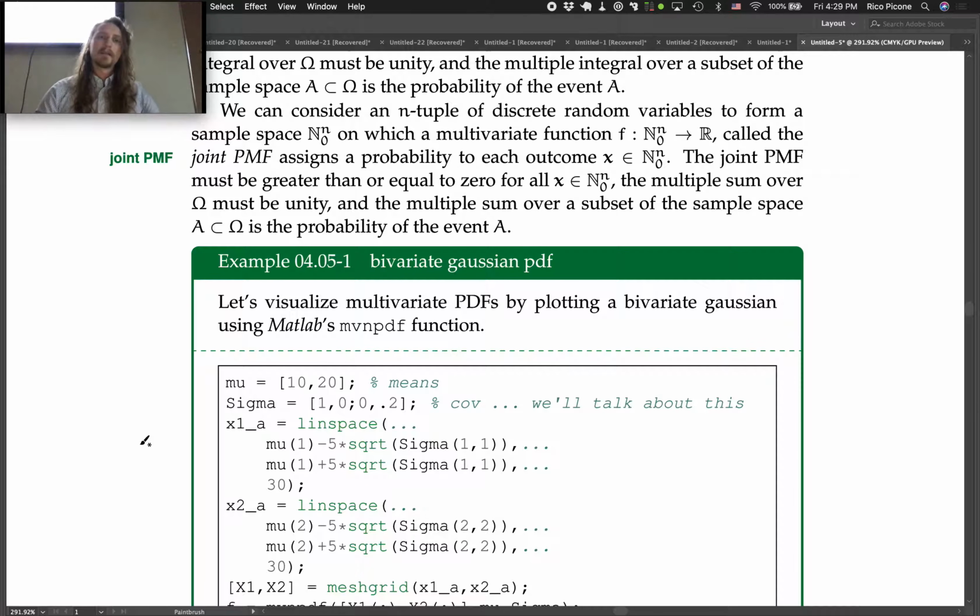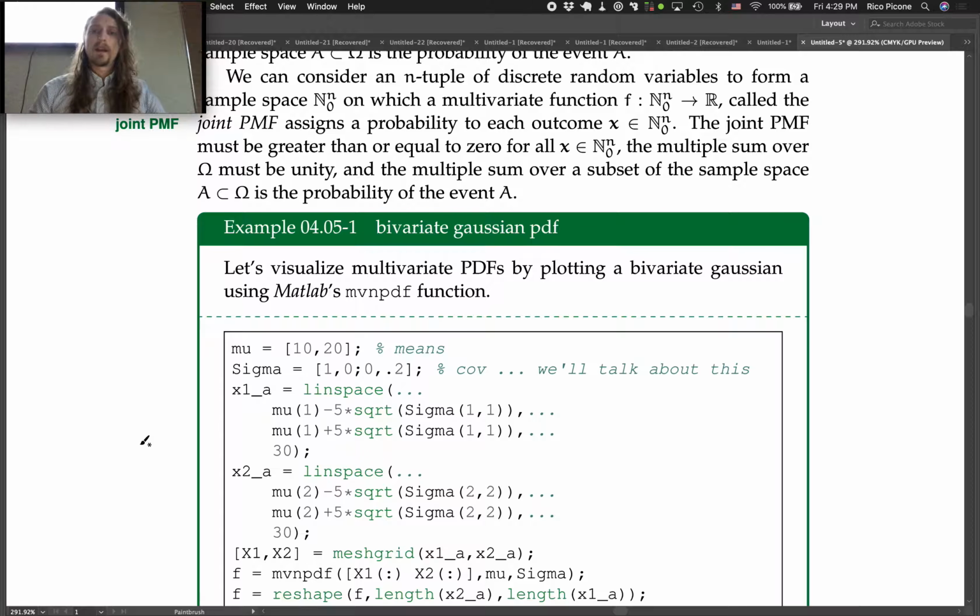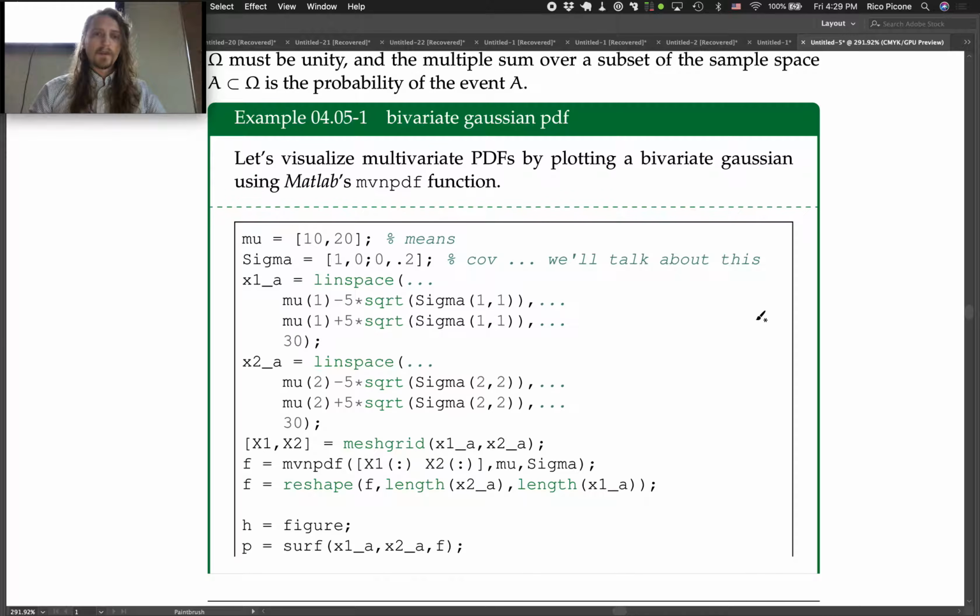Let's visualize multivariate PDFs by plotting a bivariate Gaussian using MATLAB's mvnpdf function. So we'll define means 10 and 20: a mean for the first variable, a mean for the second variable. Then the covariance matrix, we'll talk about the covariance in a few moments.